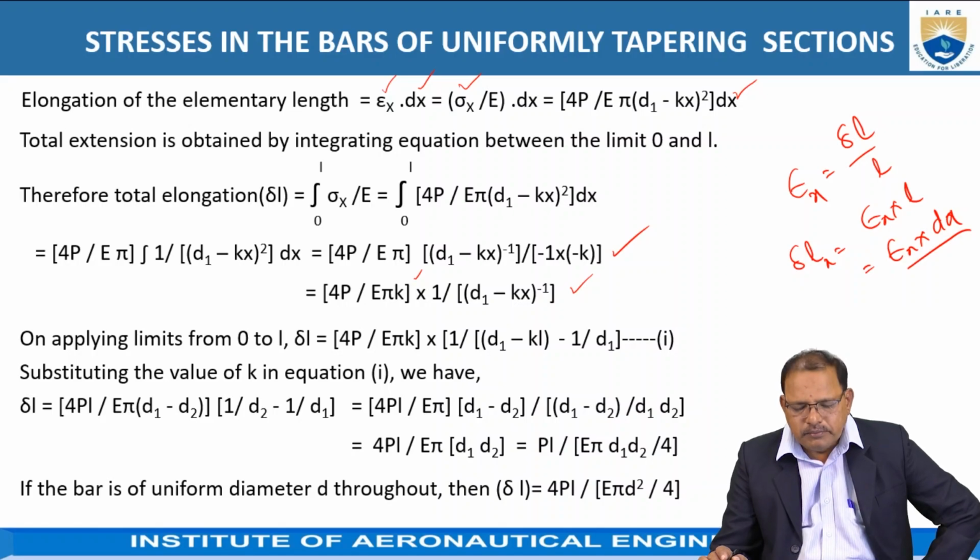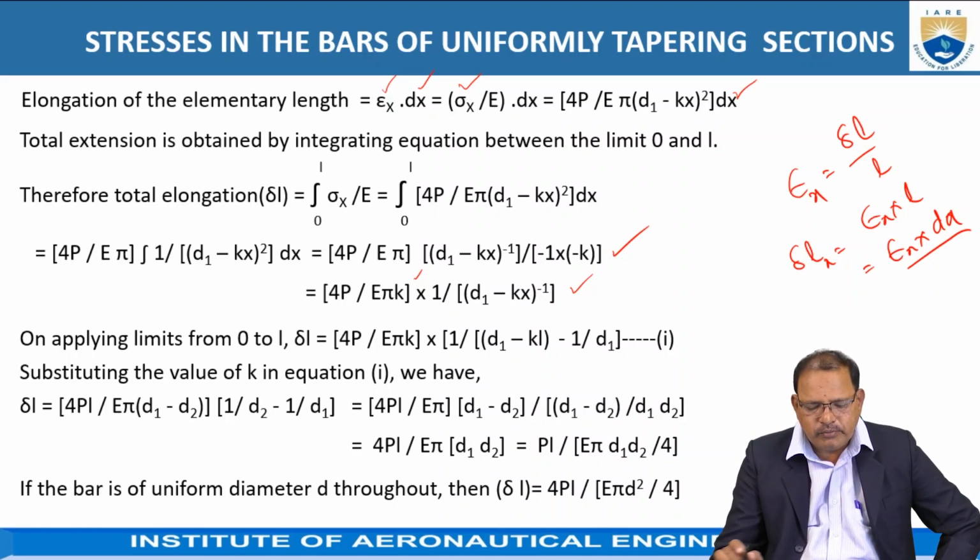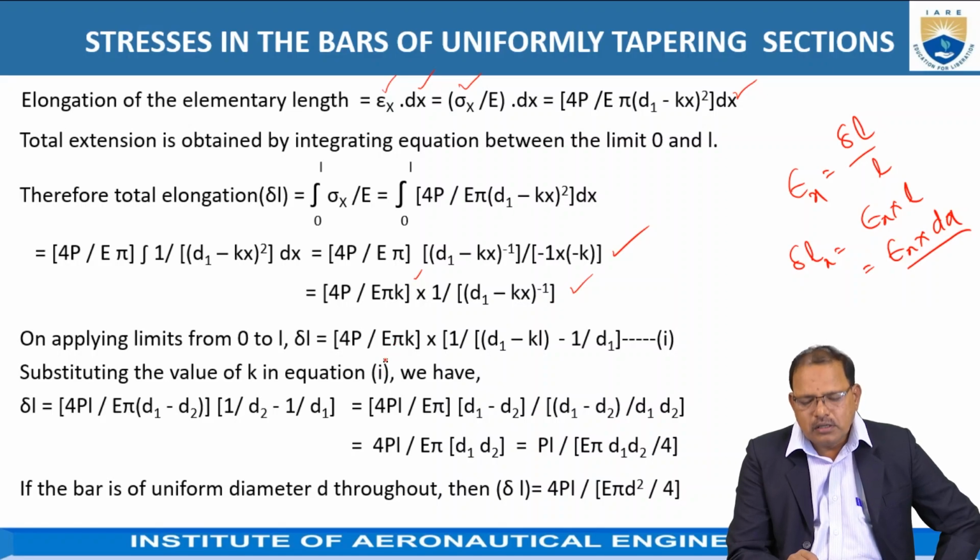On applying the limits from 0 to L in that equation, the total elongation produced because of application of the force P is given by 4P divided by E pi k into 1 by (d1 minus kL) minus 1 by d1.